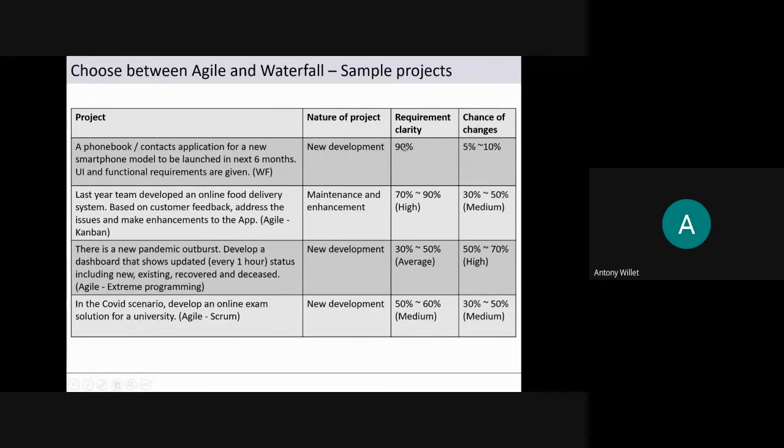Requirement clarity, let us say, is 90%, with a 5 to 10% chance of changing requirements. So can you type in the chat window what we can use in this case? Is Agile more suitable or waterfall more suitable for this contacts application for a smartphone? Can you type in the chat window?